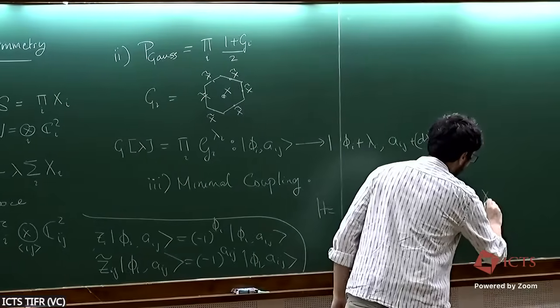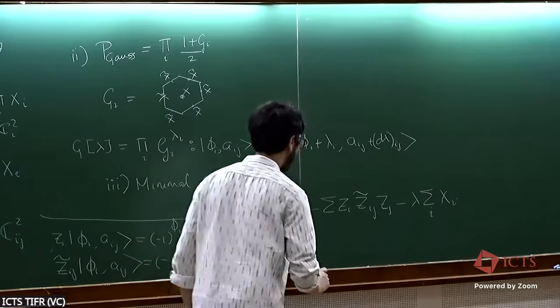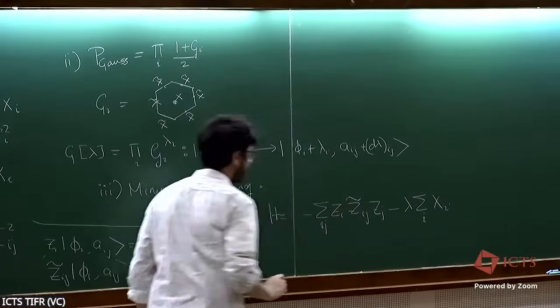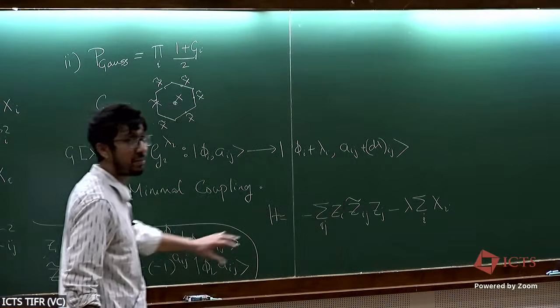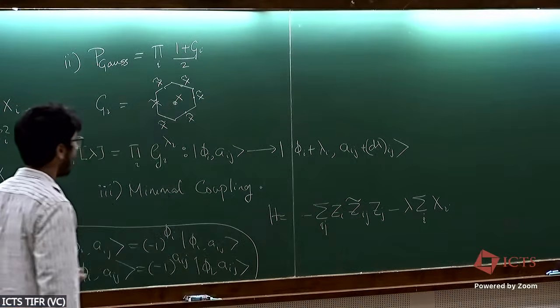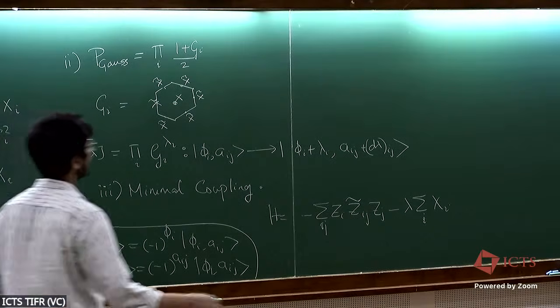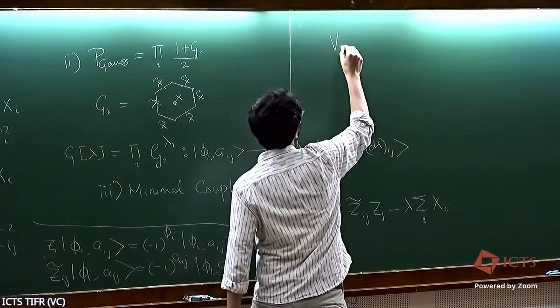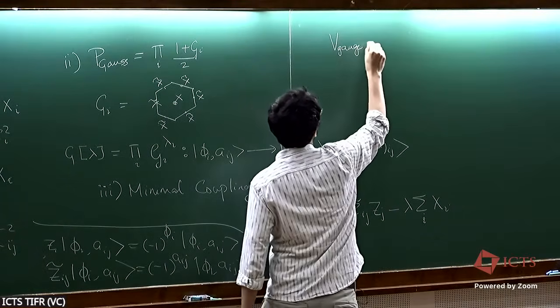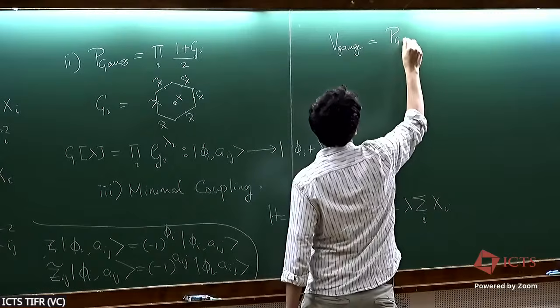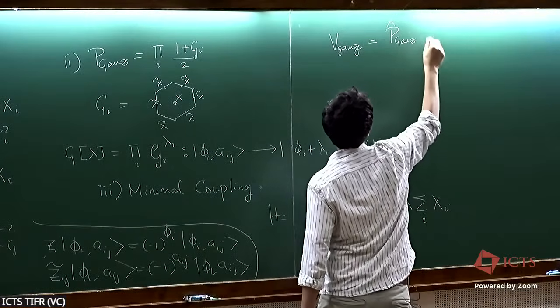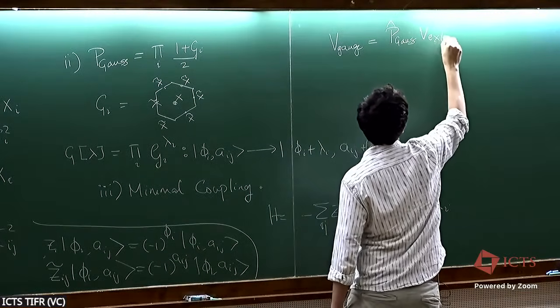So just bear with me, just to make sure we're all on the same page. So this is the minimally coupled Hamiltonian. But the Hilbert space is constrained. So the gauged Hilbert space is this Gauss projection operator acting on the extended Hilbert space.